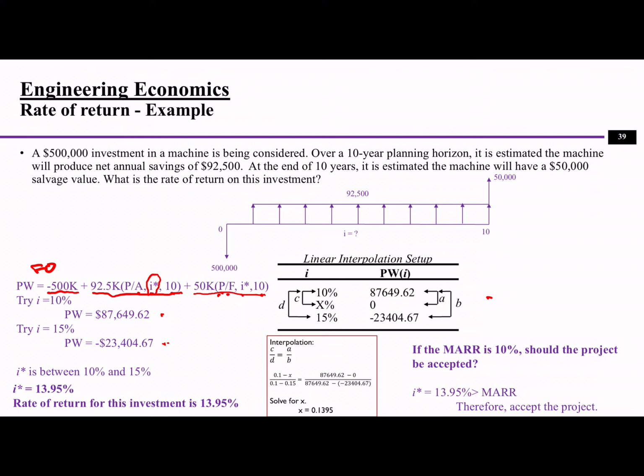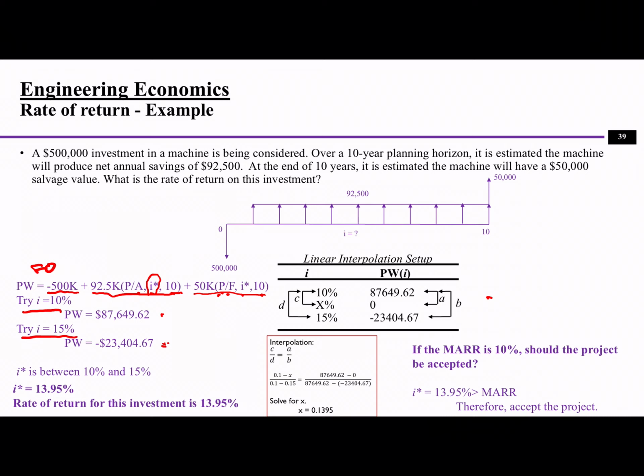Or maybe I also tried 8%, also a large number. Then the next one to try would be 10%. And then maybe I tried 50% and found out it's a really large negative number. Then I'd reduce that number and try maybe 20% or 15%. Then narrow it down to maybe 10% and 15%.